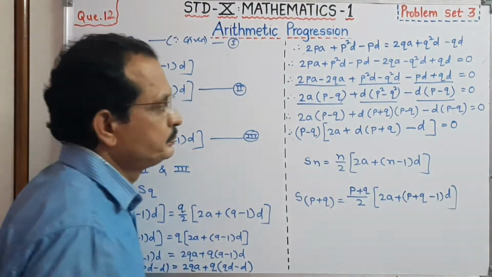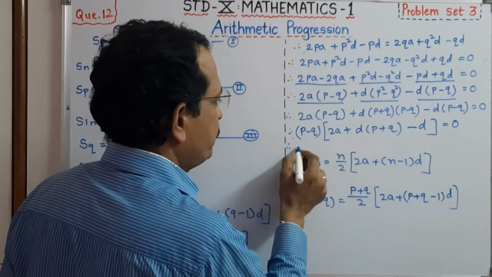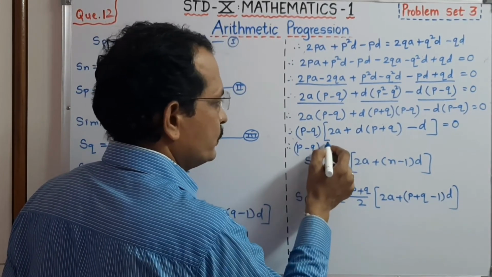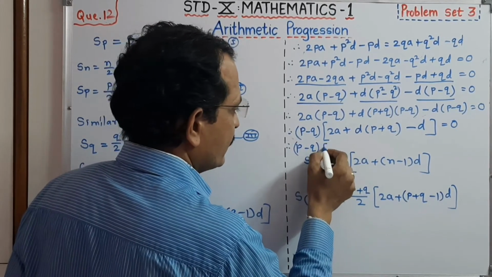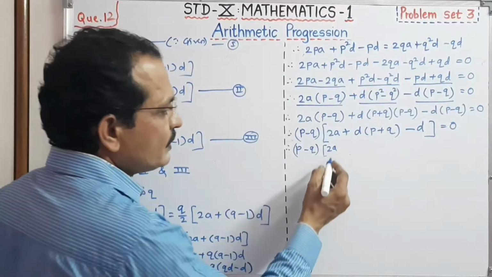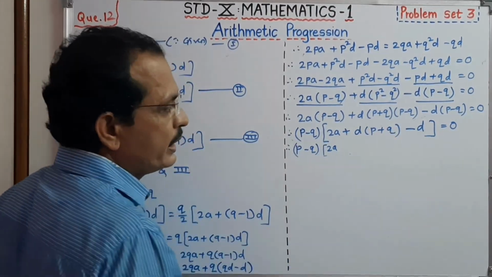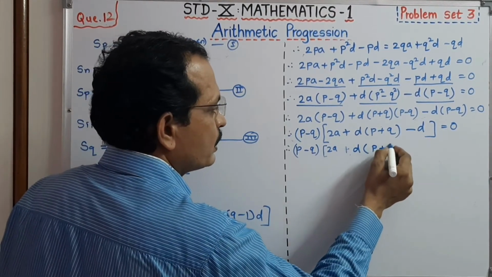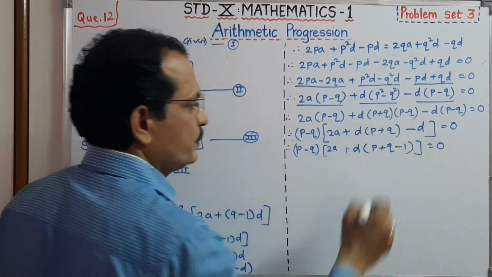Now see here, what we get here: p minus q into 2a. Now this 2a plus, from this we can take out d as a common, therefore plus d into p plus q minus 1 is equal to 0.